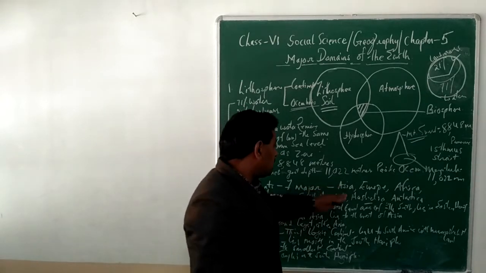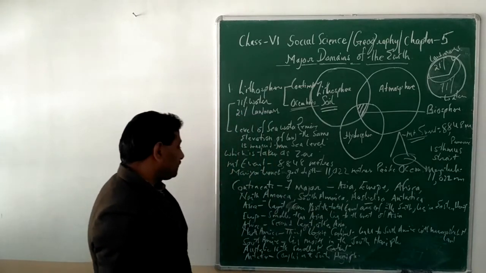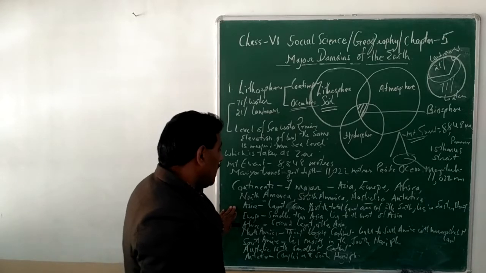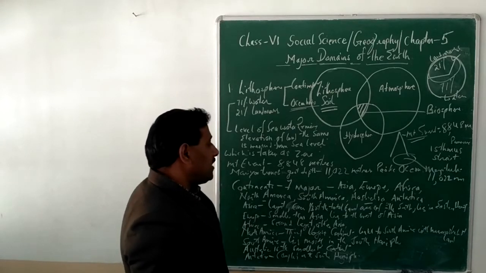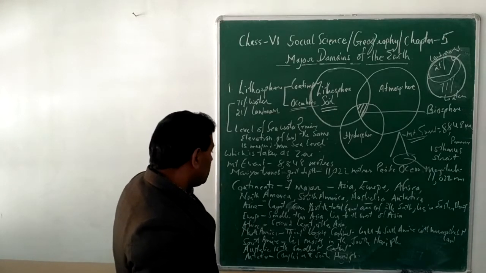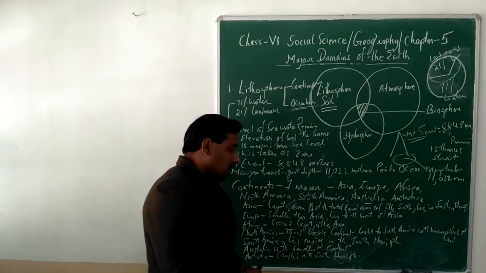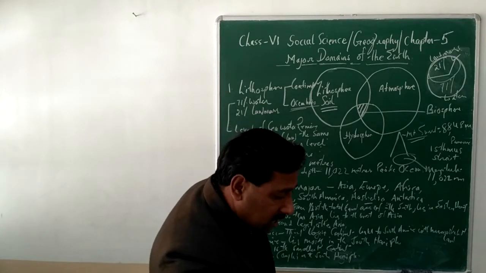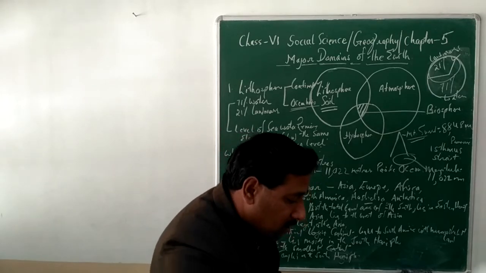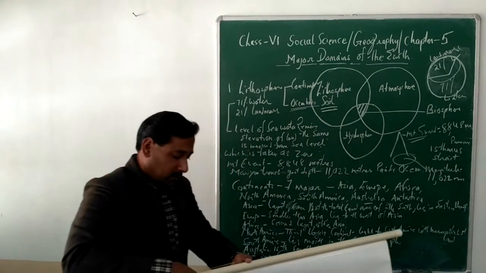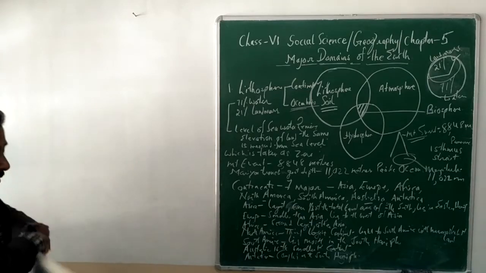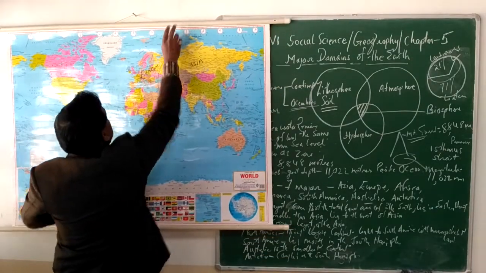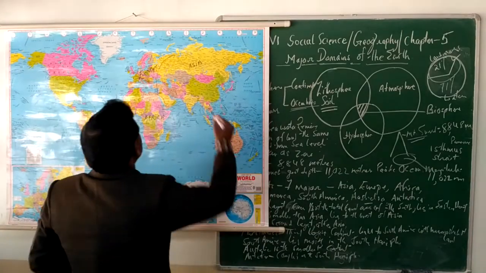First, let us discuss Asia. Asia is the largest and covers 1/3 of the total land area of the Earth's surface. Let me show you with the help of the map. Now this is your Asia.